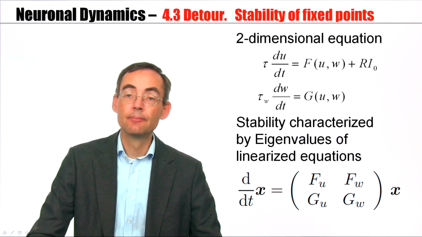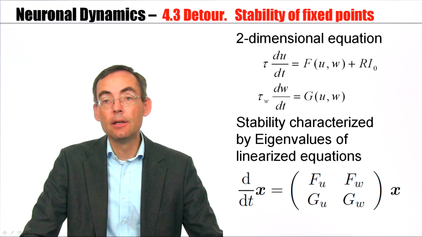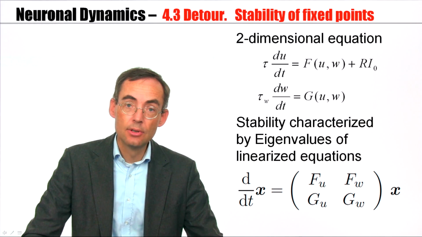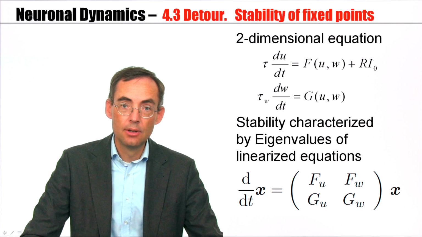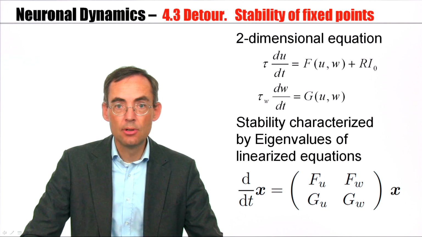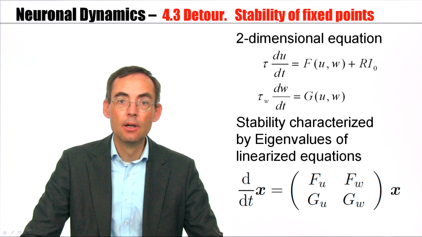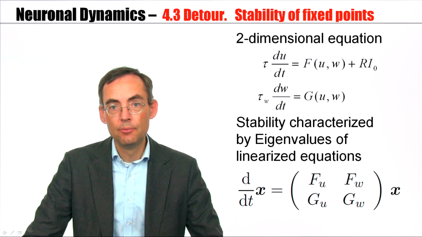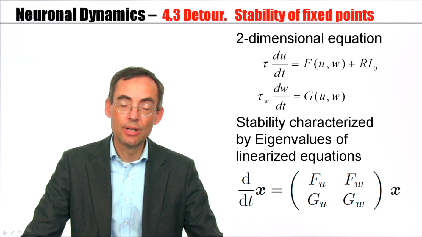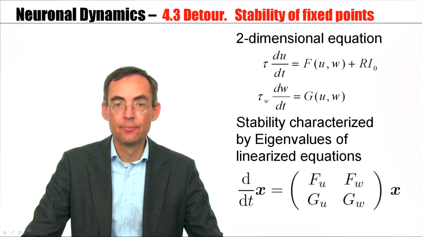To summarize, if you have a two-dimensional system of equations, you have to go towards the fixed point, do a Taylor expansion in the neighborhood of the fixed point, look at the coefficients of the Taylor expansion, write them into a matrix, and do an analysis of that matrix in terms of eigenvalues.